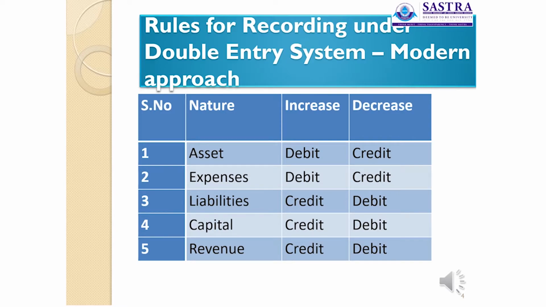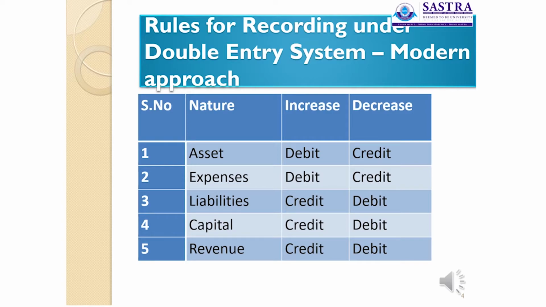The next one is expenses. Owner's equity is decreased by the amount of revenue expenses. Next one is revenue income. Owner's equity is increased by the amount of revenue income.